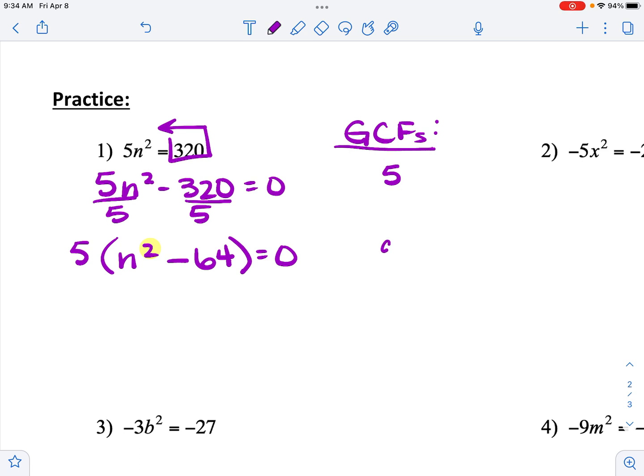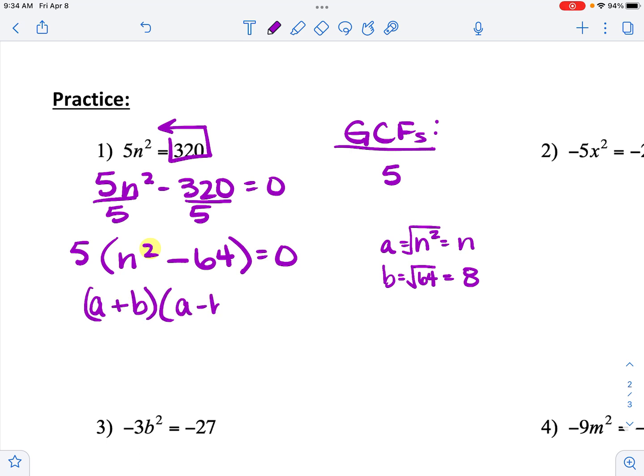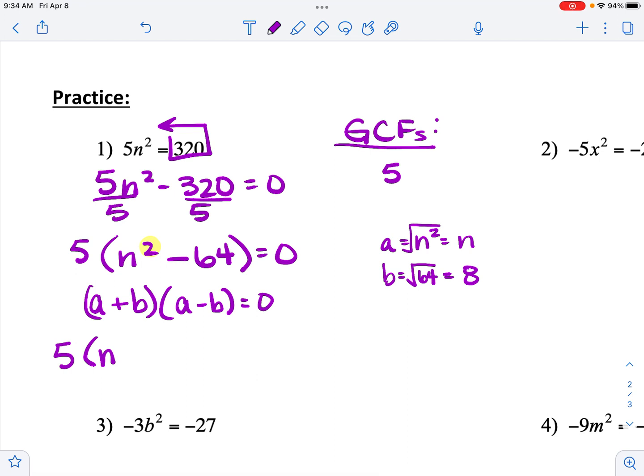Take the square root of both of them. So the square root of n squared is going to be n, and the square root of 64 is 8. And we're going to apply a plus b and a minus b. So our A is n. Our B is 8. And there we go.